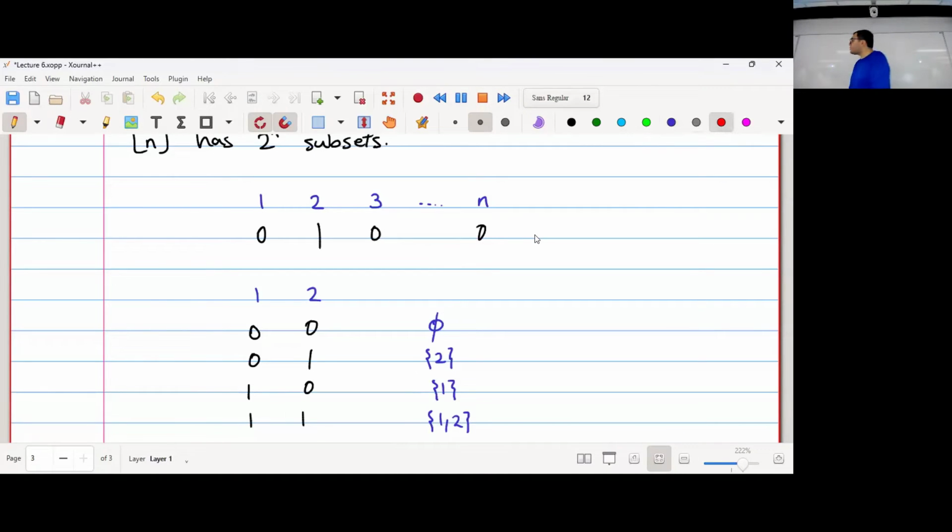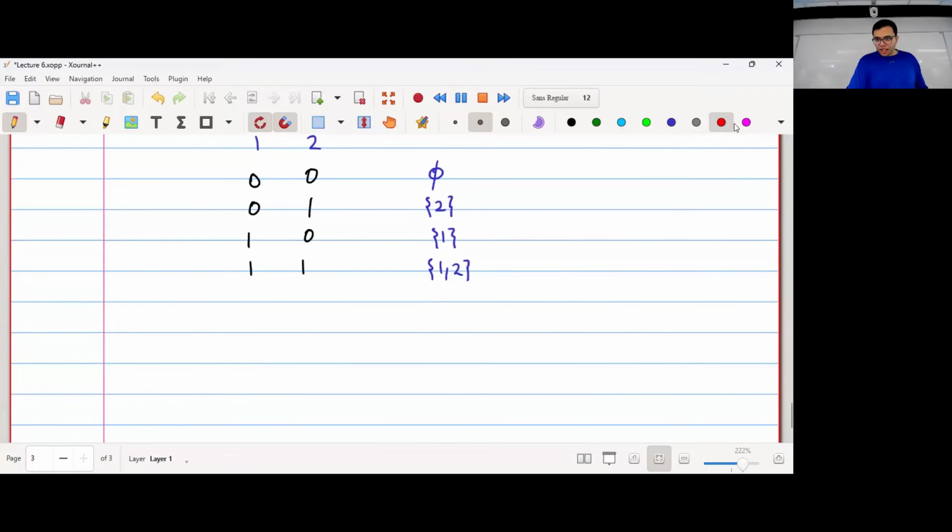Now, if I want to count the number of subsets of a set of size n, all I have to do is to count the number of sequences of zeros and ones of length n. But that's a very easy thing to count because now we have the multiplication principle. So again, I want to create a sequence of length n.